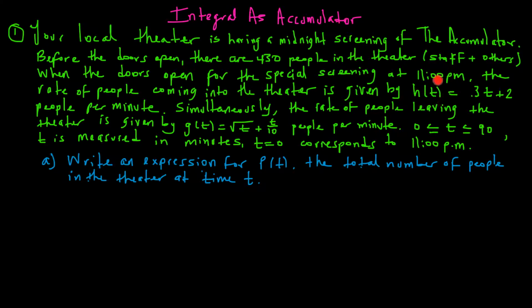Notice they did not label it h prime, but we know it's a derivative because of the units, people per minute. So this is a rate function, h of t. And they're also always going to give you a rate of loss, how many people are leaving the theater. That's given by g of t. Also, they did not call it g prime, but it's a rate because the units, people per minute.